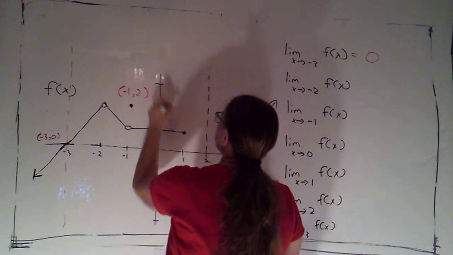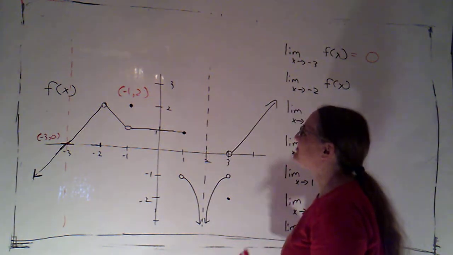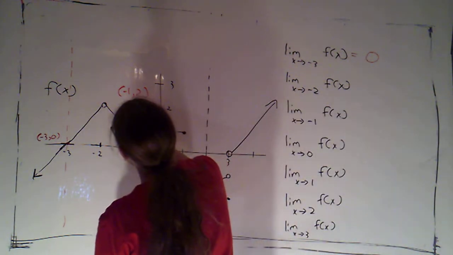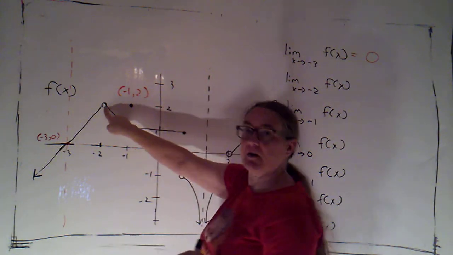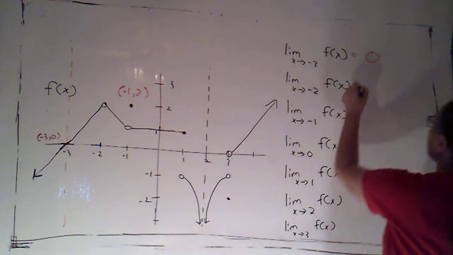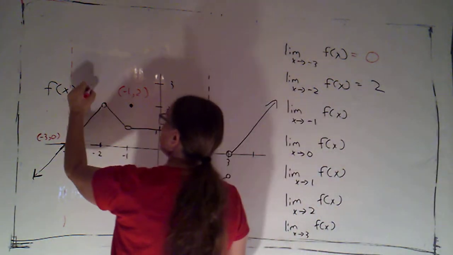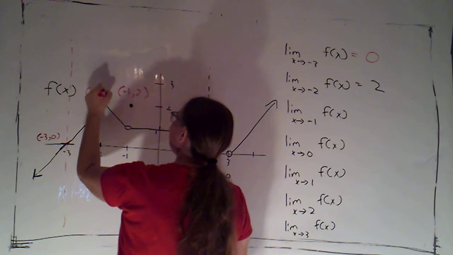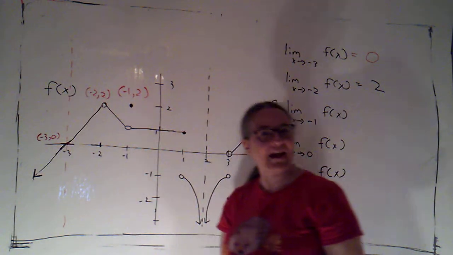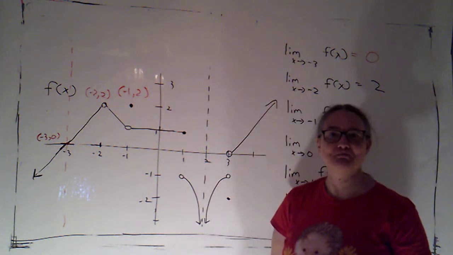This is 1, 2, 3, -1, -2, etc. Coming in from the right, I'm also expecting there to be a point there. There isn't, but that's what I'm expecting, so I would say that the limit is 2. That's because the hole here, and I can label it the same way I would label a point, is exactly at -2, 2.